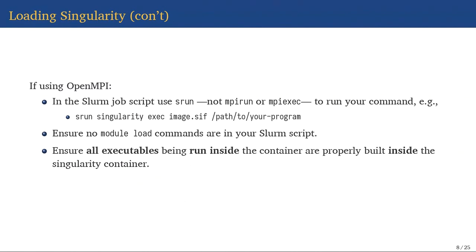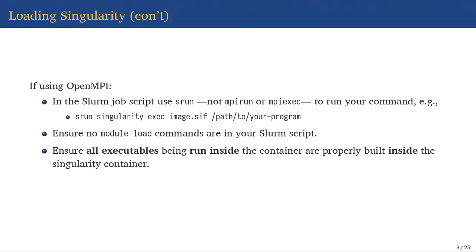And the other thing to be aware of, if you're using MPI, do not use mpirun or mpiexec in your Slurm JavaScript. Use srun. You must use srun. The MPI program in your container runs inside the container, but that MPI software will talk to the MPI outside your container, and the srun command passes special options that enables that to occur.